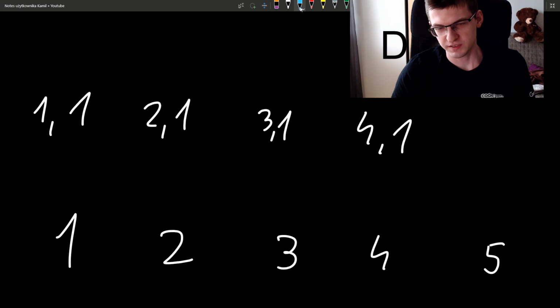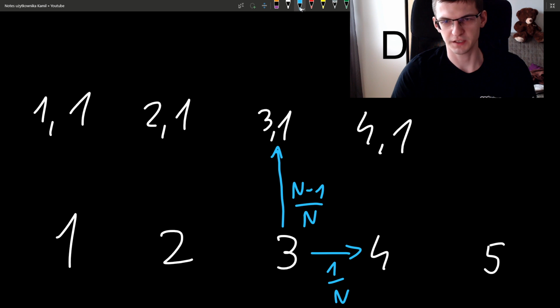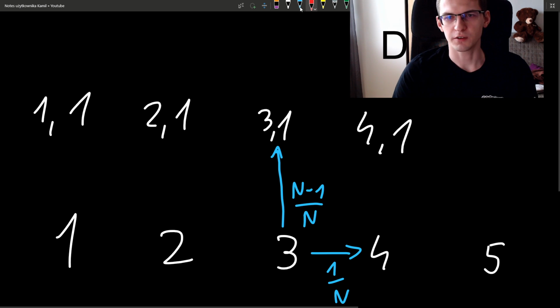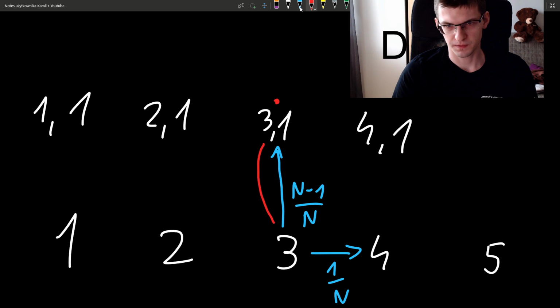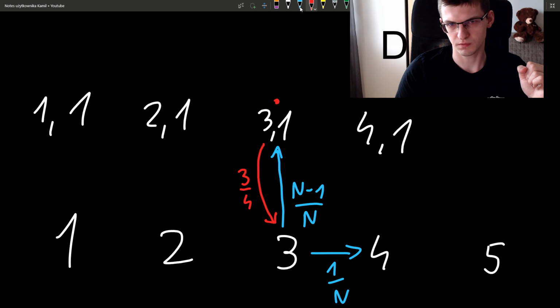Okay. From this, we take one of unassigned cookies. This is 1/n, and this is n-1/n. Easy. Now from this state, when I take away a cookie, it's this with probability 3/4, or this, no, with 1/4.